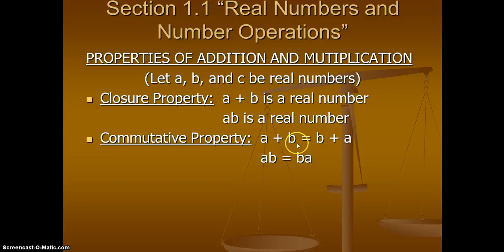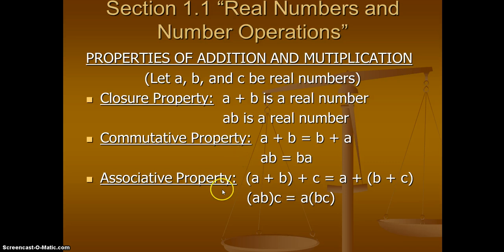So 2 plus 3 and 3 plus 2 equals 5 if I substitute A for 2 and B for 3. Same thing with A times B. So if I substitute A for 2 and B for 3, this will be 2 times 3. That also equals 3 times 2.